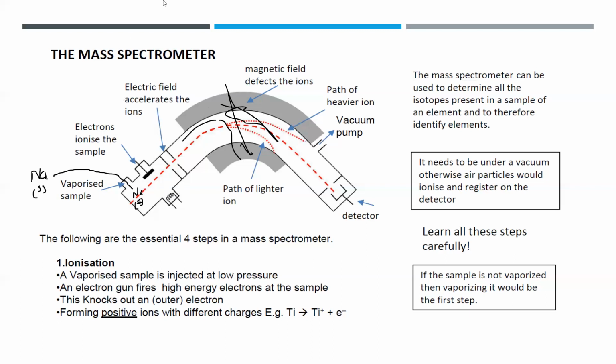The main steps are ionization, then acceleration, deflection, and detection. But the first step should be that the sample must be vaporized so that it can move easily.